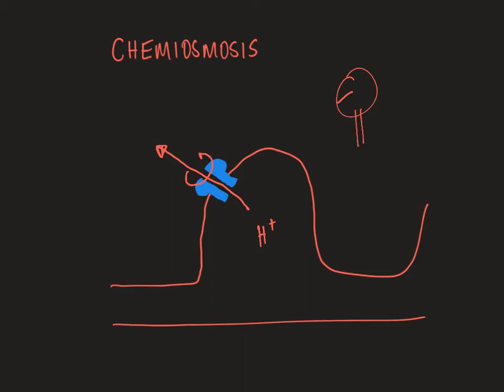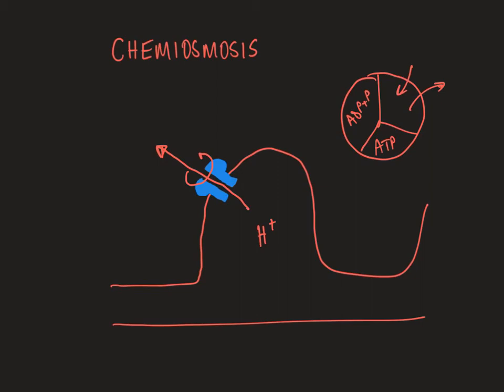Now, if I was to do a bird's eye view of the head of this lollipop, they're often called stalked particles, okay? It's kind of divided into three, basically, and you've got one site which has ADP and P. You've got one site which then has ATP, and you've got one site which is an entry-exit point.